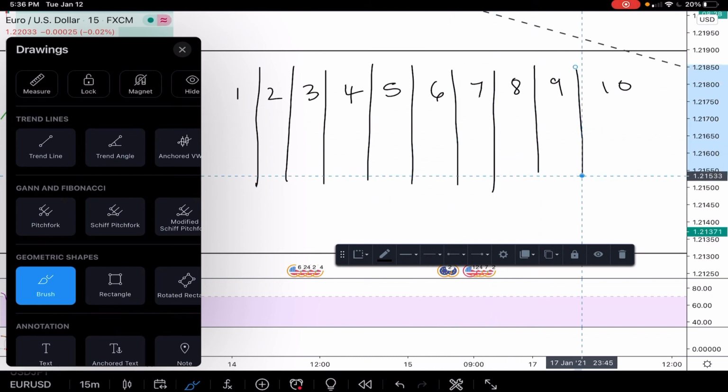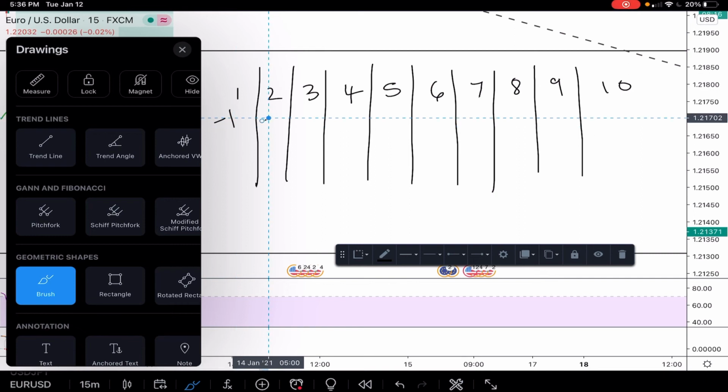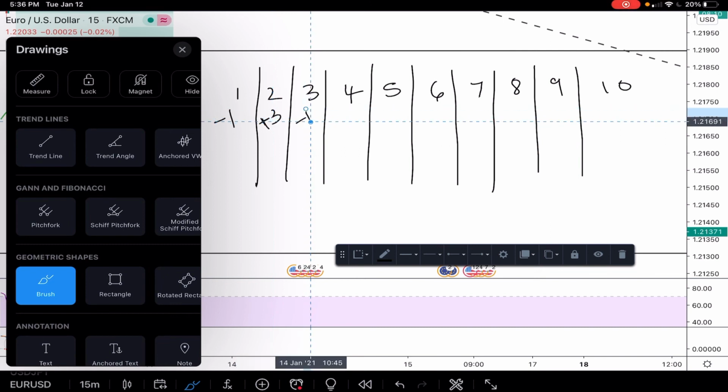Now you're only risking 1%. So the max you could lose is 1%. So say you lose 1% on your first trade. You win 3% on your second. Lose 1 on your third. Lose another on your fourth.